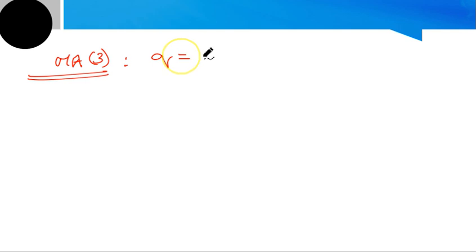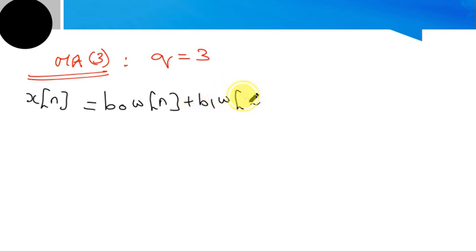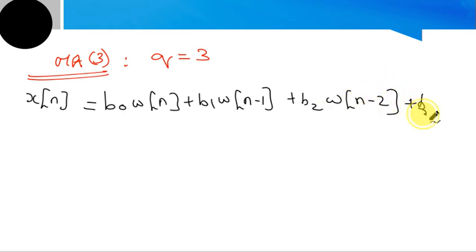So in this case, my q is going to be equal to 3. So what happens to my x of n? My x of n will be b naught w of n, b1 w of n minus 1, b2 w of n minus 2, plus b3 w of n minus 3. So 4 terms will be there and the condition n greater than or equal to 0.